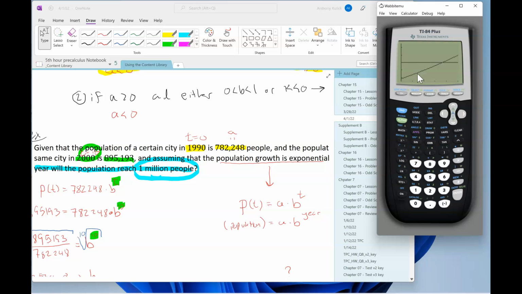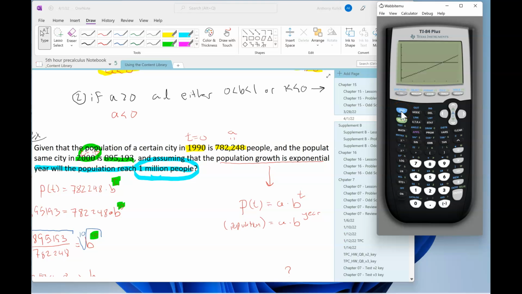If you don't know how to solve the equation algebraically, you just type the right-hand side and left-hand side in your calculator and find the intersection. Does the window matter? The window only matters so that you can see the intersection. As long as you can see the intersection, it's fine.